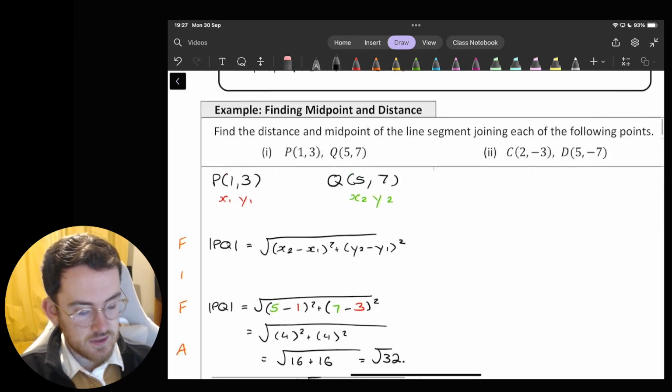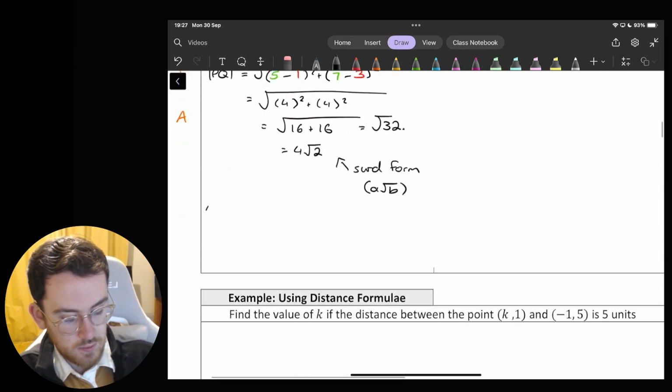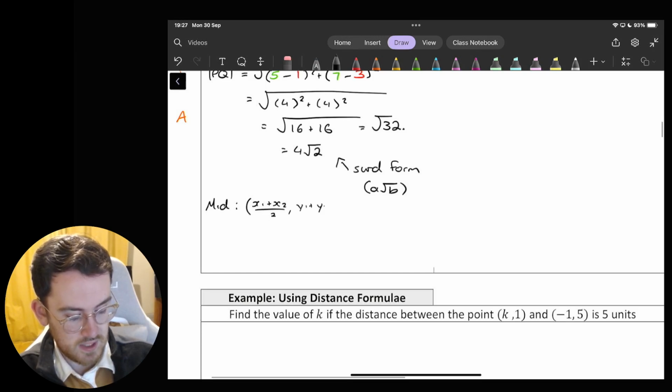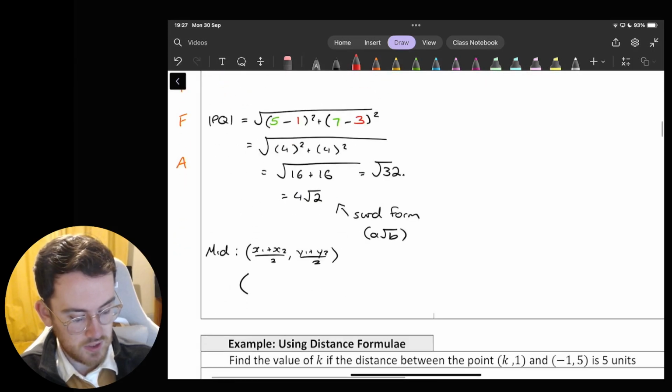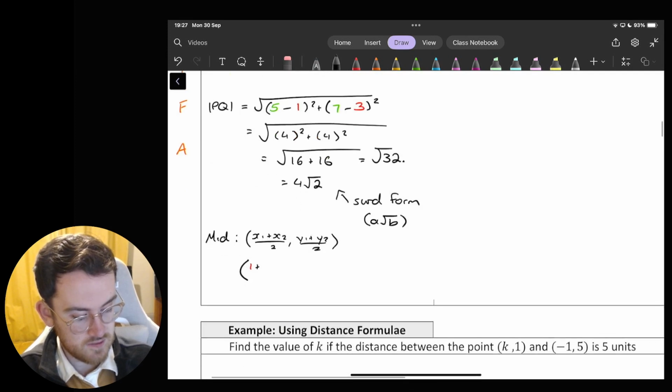The next thing we want to find then is the midpoint between the 2 points that we have here. Again, I'll start by writing down my formula, which is x1 plus x2 over 2, y1 plus y2 over 2. I can fill in the relevant values here. Scrolling back up, x1 is 1 and x2 is 5, all over 2.